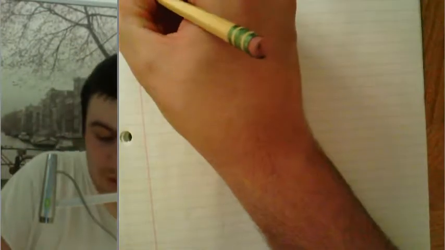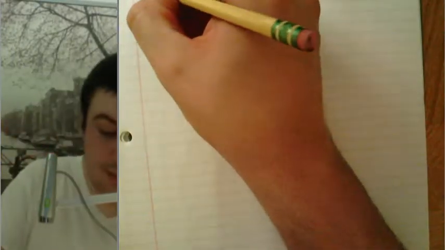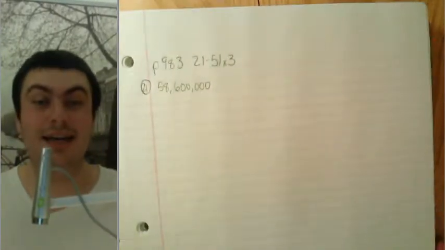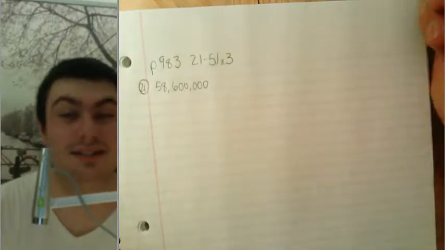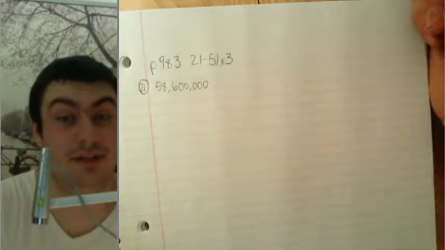Looking at our practice problems on page 983, 21 through 51 multiples of 3. Starting with 21, we need to put 58,600,000 into scientific notation.